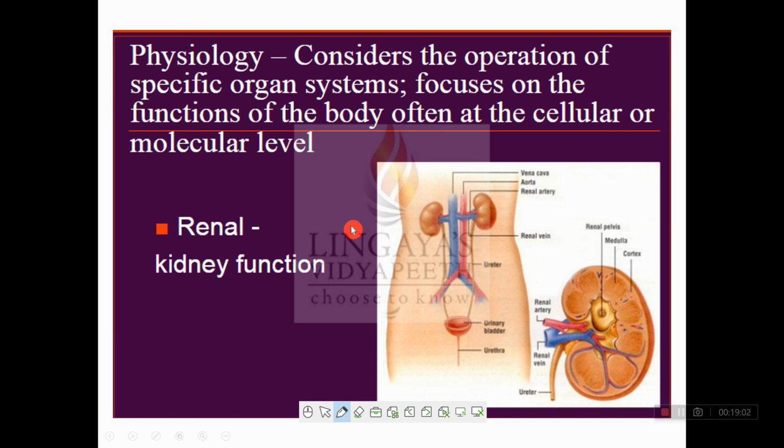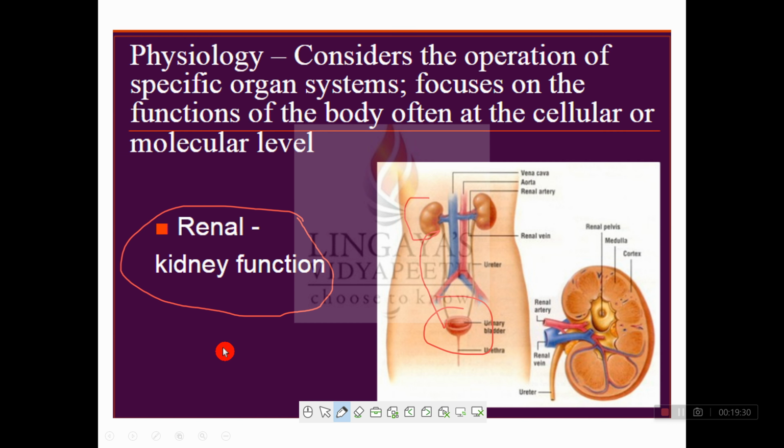I told you with an example of the respiratory system. Here the example of renal or kidney function is given, that in the excretory system there are different organs like kidney, ureters, urinary bladder. These kinds of organs are associated with the excretory system. This is called the anatomy of the excretory system.